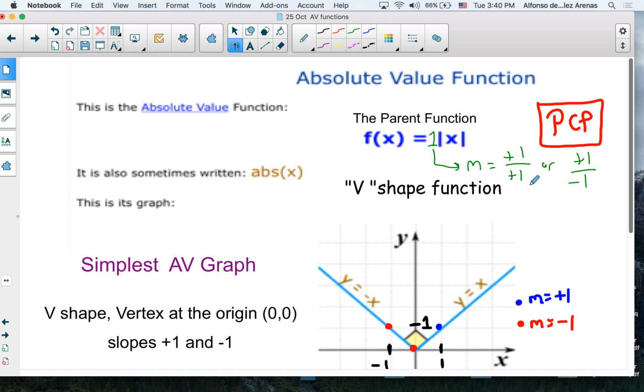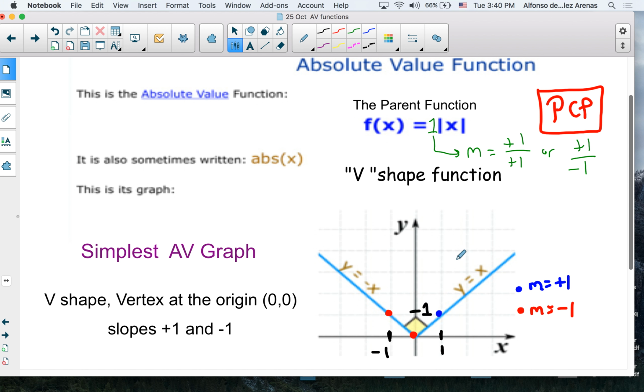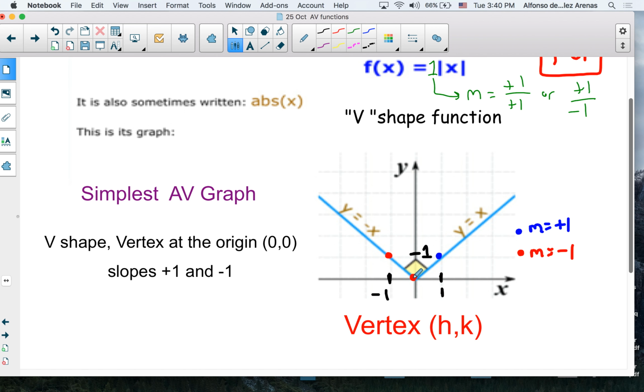So there is always a run to the right and a run to the left. So check this out. This is the origin, 0, 0. This is x, h, and this is y, k. So this is a parent function, the simplest of all the graphs.